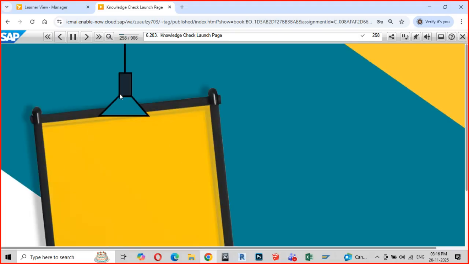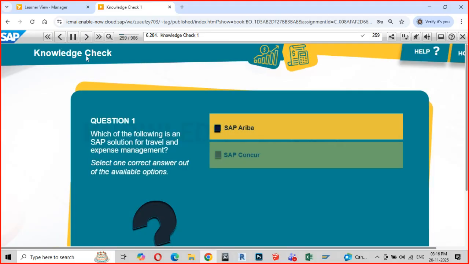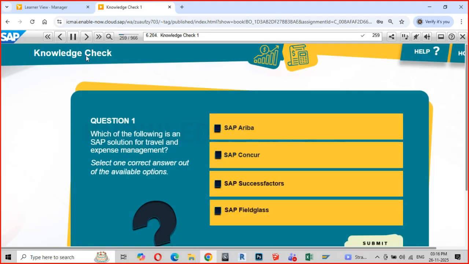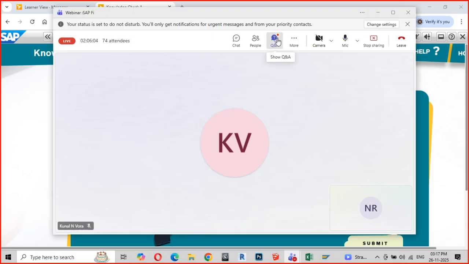Knowledge check. All right, let us see. Which of the following is a SAP solution for travel and expense management? Can somebody take a chance? We have already read this. Any answers, students? We have already seen this. That's why I'm asking you the answer.